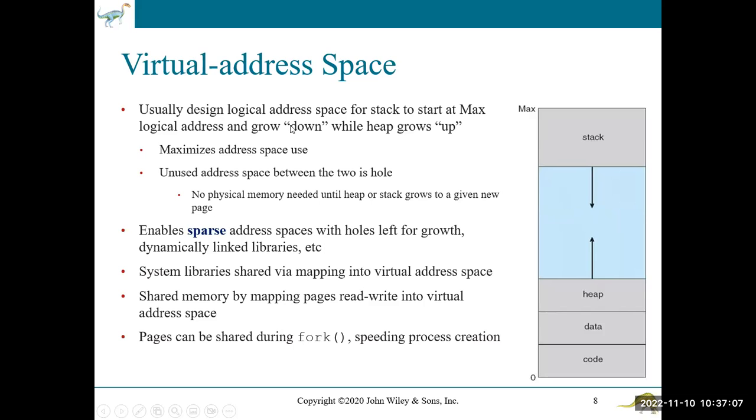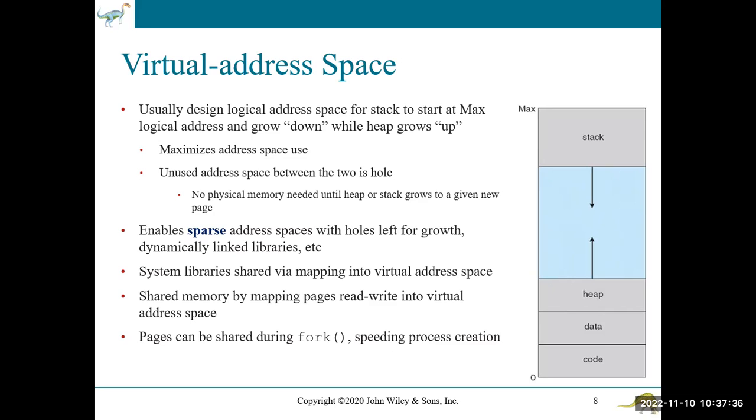So the one point on this slide to remember is that when you're designing the logical address space, you start with the max and work your way down. So you allocate for a maximum scenario. The advantage of this is you do have holes that allow for growth as you read and write dynamic link libraries.